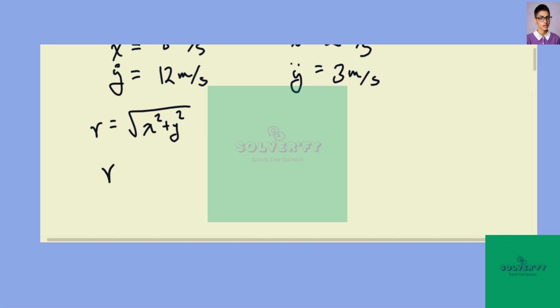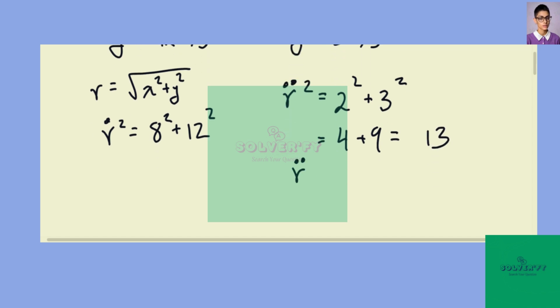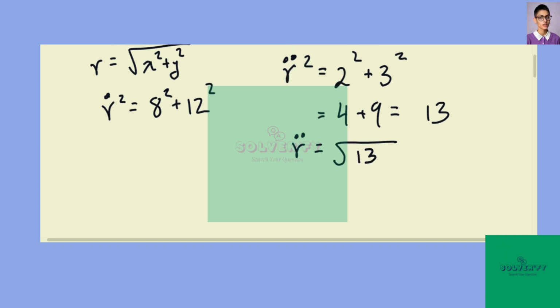So r dot squared is going to be 8 squared plus 12 squared, and r dot dot squared is going to be 2 squared plus 3 squared. We'll do this one first since it's a little simpler. So that's 4 plus 9, which gives us 13. So r dot dot is square root of 13.